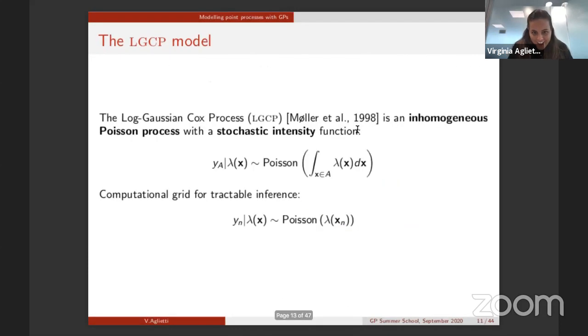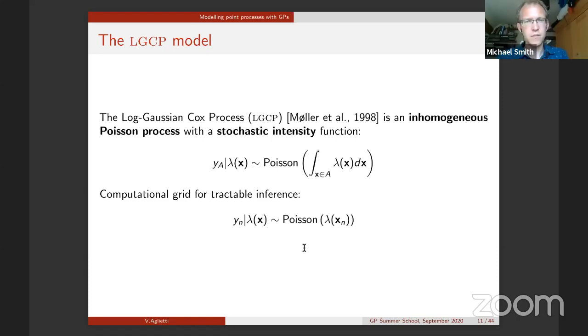What we have is that the GP is placed on a transformation of the intensity function, which is itself a parameter of the Poisson. So we have different layers, and that makes it intractable because you need to compute the expectation of the Poisson transformation of the intensity, the exponential of a GP. In any case, any time you have a Poisson likelihood or a non-Gaussian likelihood, this will be intractable. Even with a classification problem, it will be intractable as well.